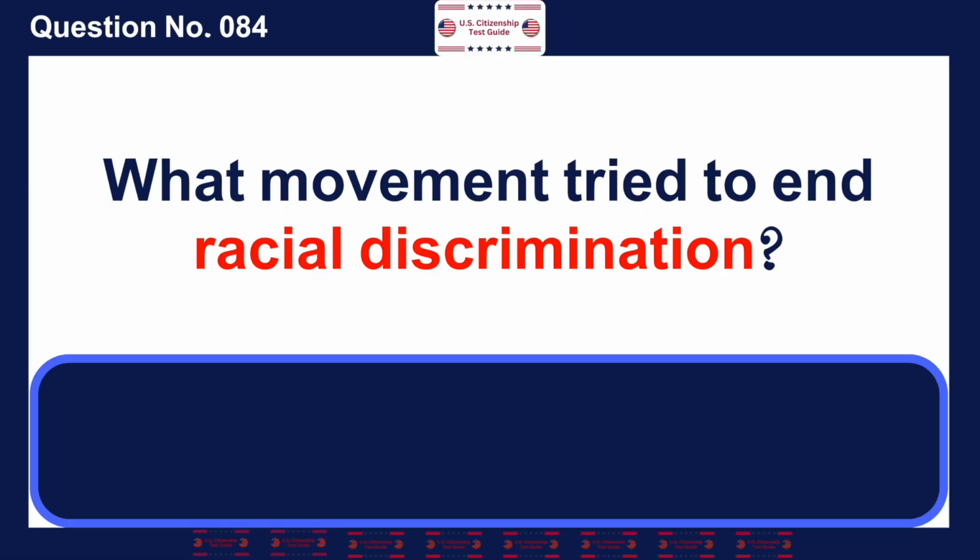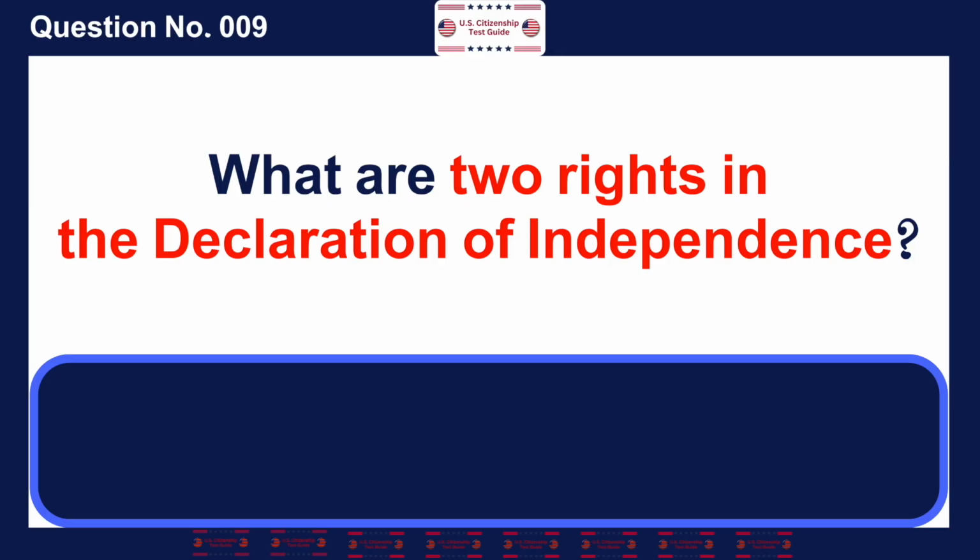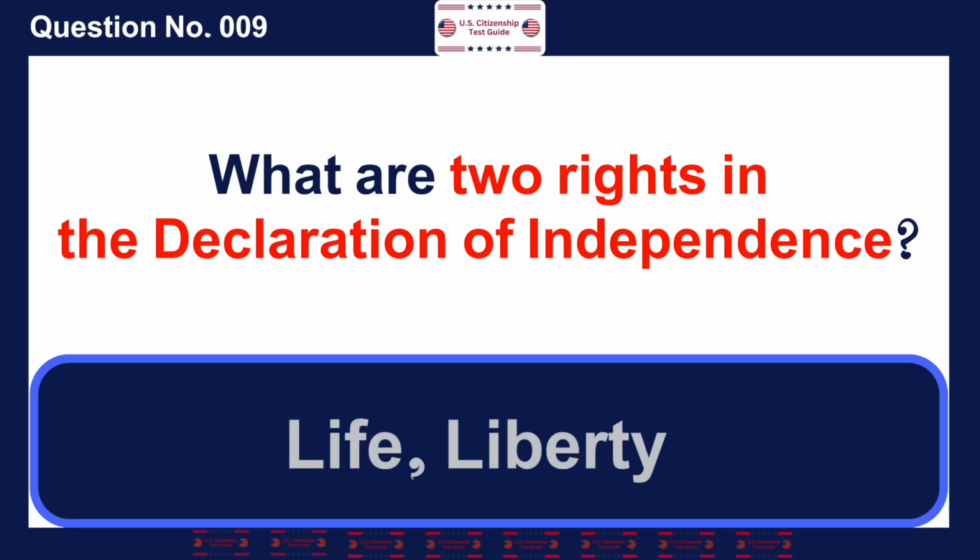What movement tried to end racial discrimination? Civil rights movement. What are two rights in the Declaration of Independence? Life, liberty.